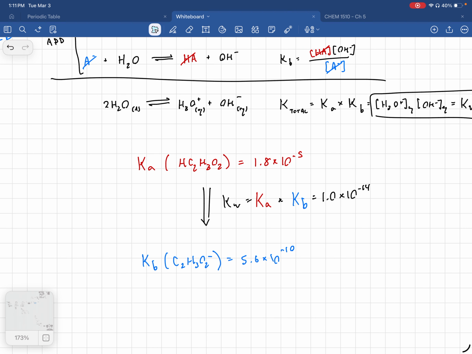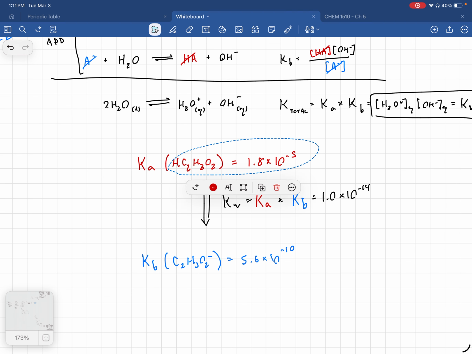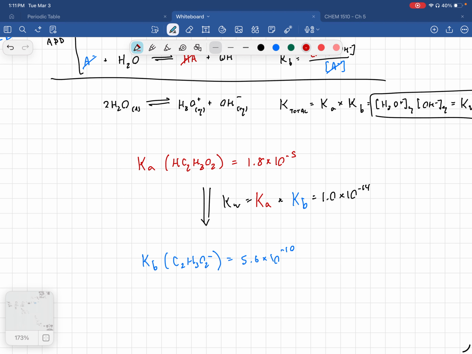Now, this tells us something very important about conjugate acid-base pairs. For any acid, the better and thus stronger the acid form is, the worse and thus weaker its base form is.